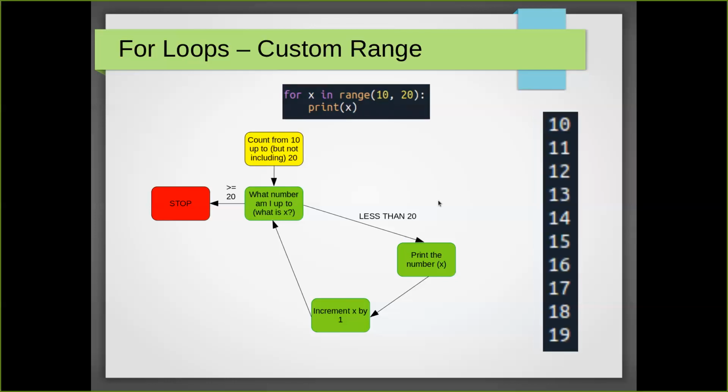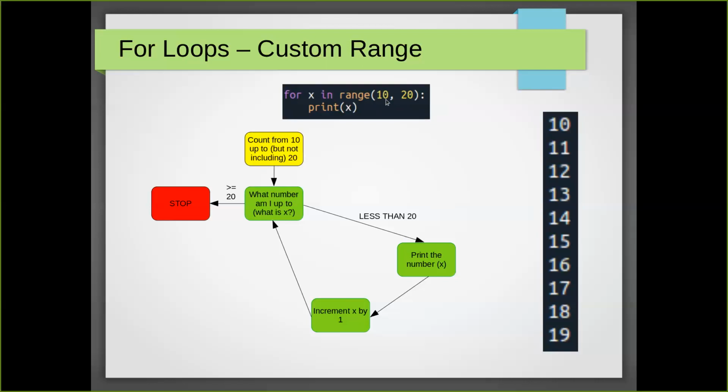Now, it might be that you want a custom range. You may not want to count from 0 up to, but not including 10. You may want to count, for example, from 10 up to, but not including 20. So that will give you the numbers 10 to 19. And the way we do that in a for loop in Python is rather than just specifying one input to the range, we specify two.